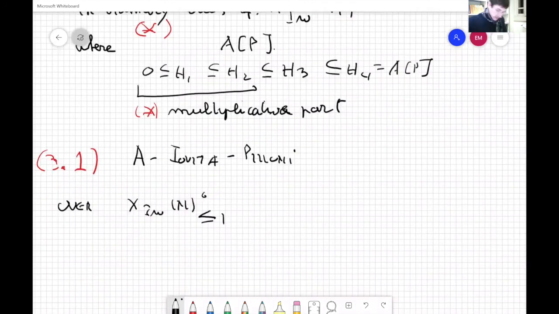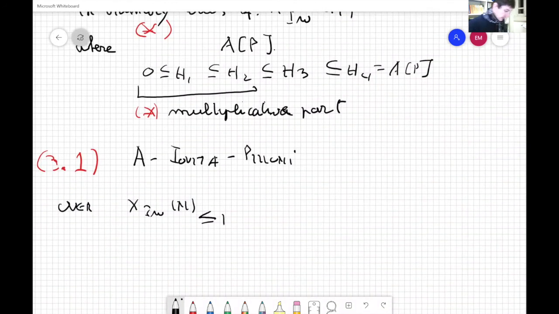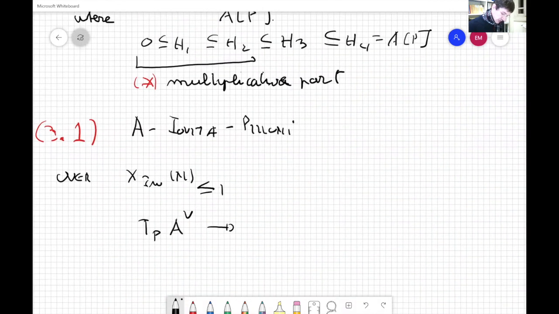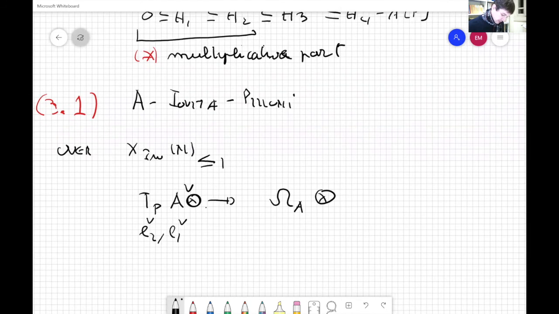if you wanted the perfectoid level, we have a map T_p dual. Okay, I have a surjection to omega_A if you extend the coefficients. And I have two classes, e_2 dual and e_1 dual, which are sort of canonical classes.